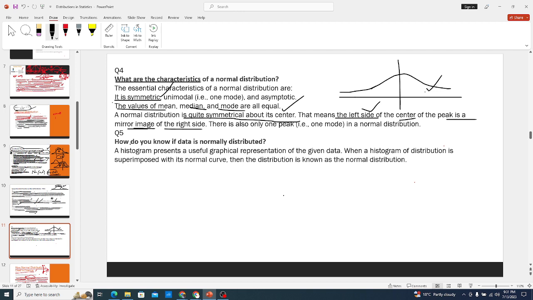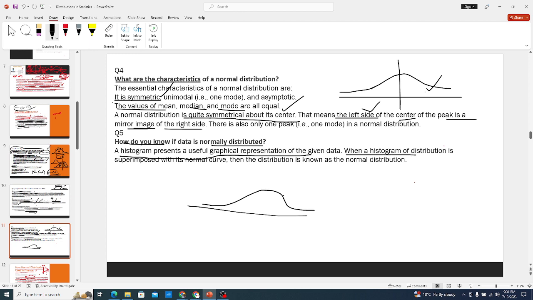Okay, then how do you know if data is normally distributed? Definitely, if you plot a histogram or a curve, it will appear to be a normal distribution curve. A histogram is a useful graphical representation of the given data.